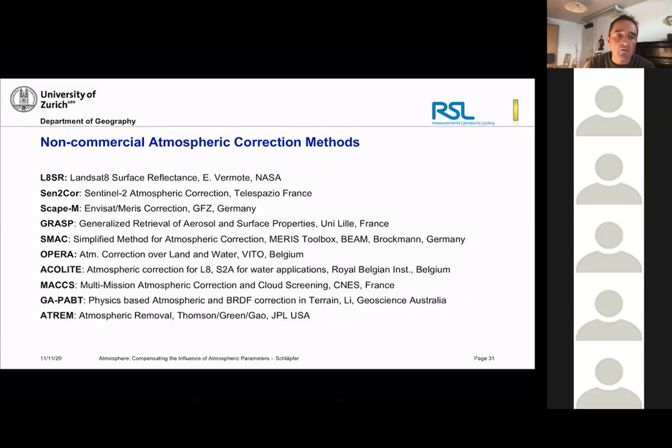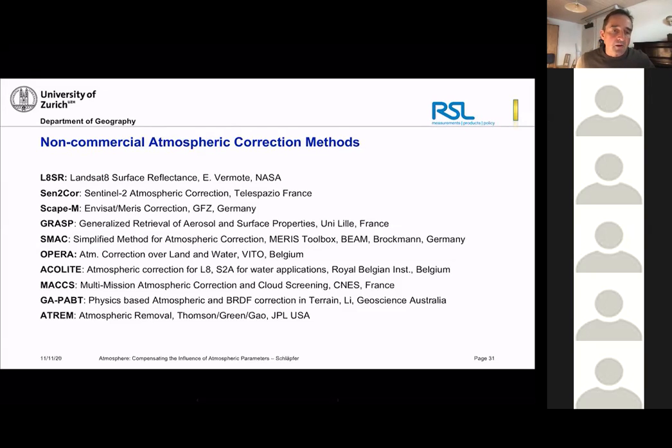Maybe I can mention the SEN2COR model. That's a Sentinel atmospheric correction, which is often used with people using satellite data. And the same for the SMAC, that's a simple method from Mary's toolbox. It's also working well for satellite imagery. But almost none of them from this list is available for imaging spectroscopy.